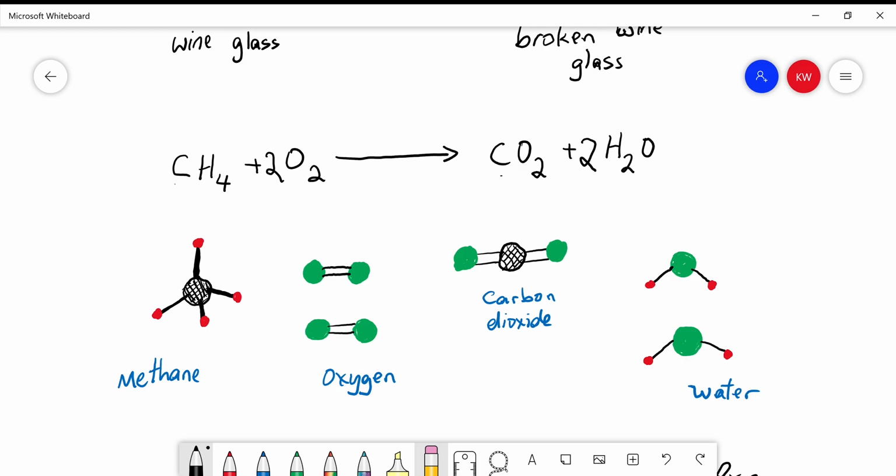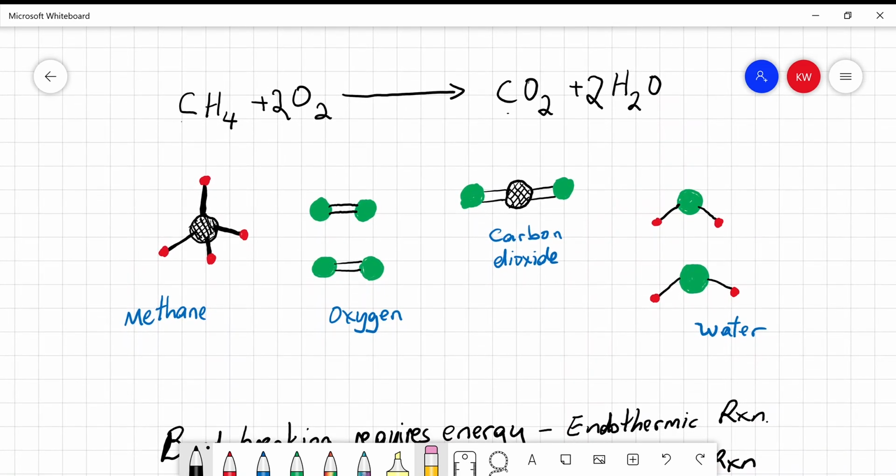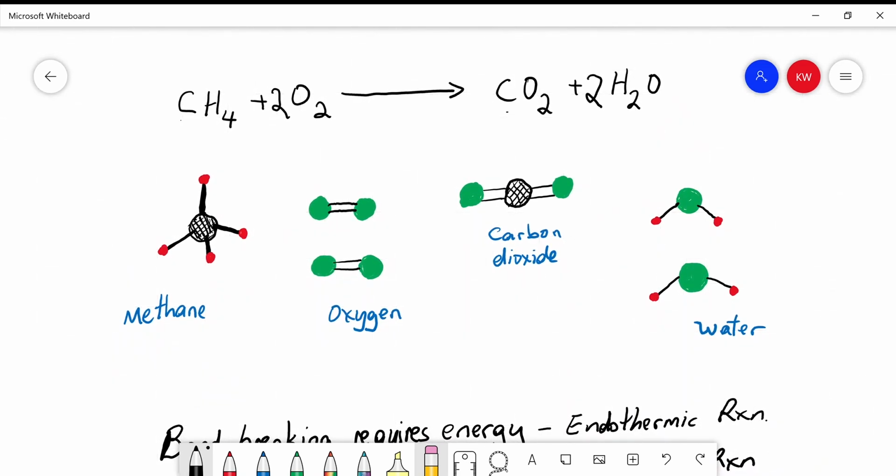So this is our diagram illustrating what is taking place. You should be able to draw a diagram like this. If you don't know how it looks, you may have to reference Lewis diagrams to have an idea. But you need to be able to do this to answer some of these questions.